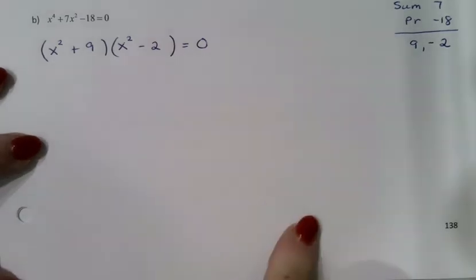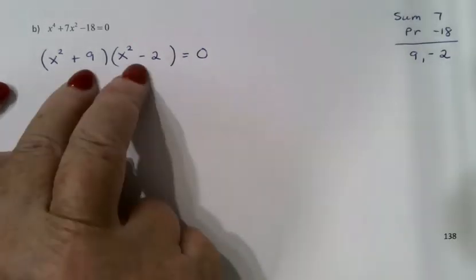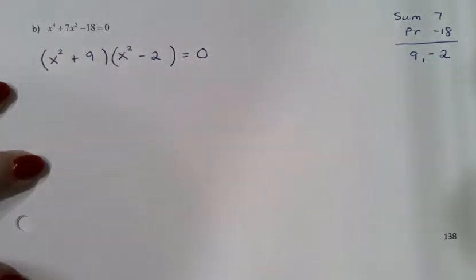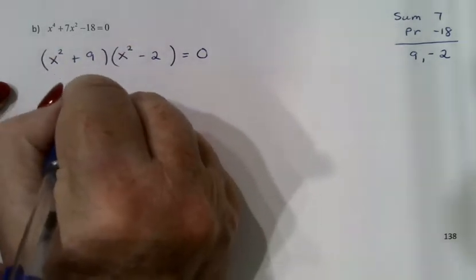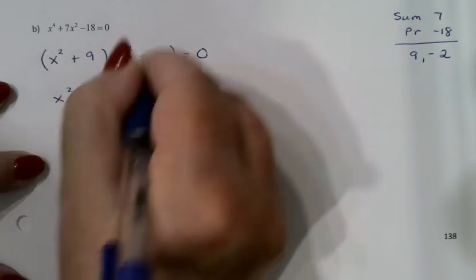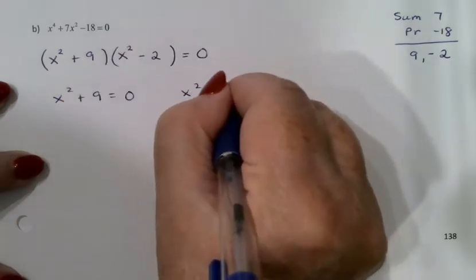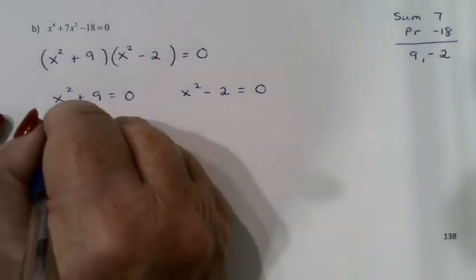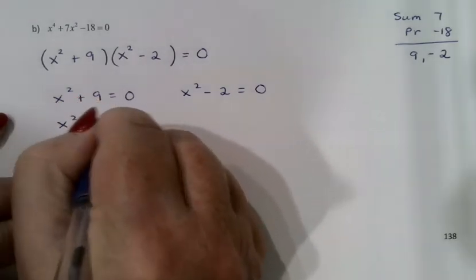All right, we've got two quadratic factors. In quadratics, I know I can solve. So either x squared plus 9 equals 0, or x squared minus 2 equals 0. Those both look like a square root method would work great. This one would give me x squared equals negative 9.